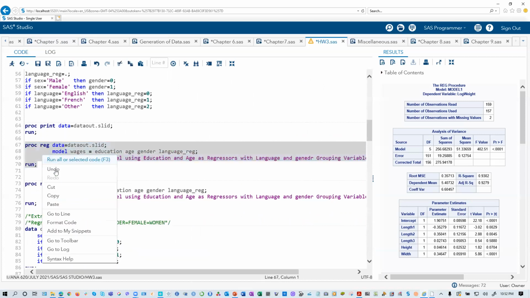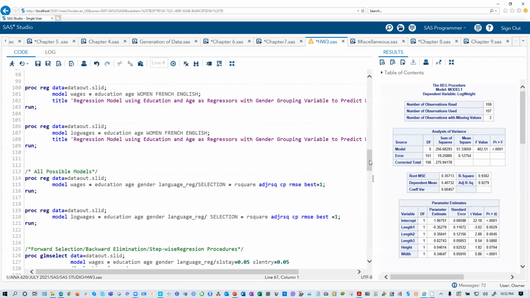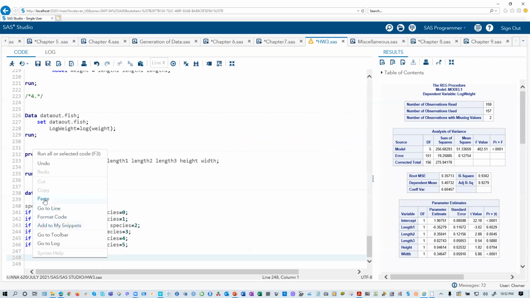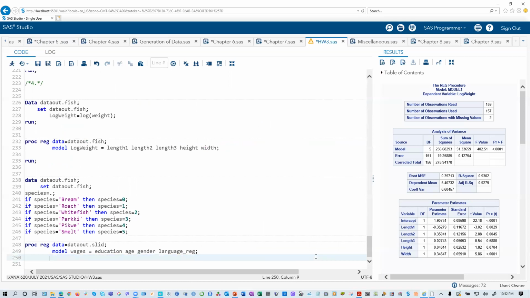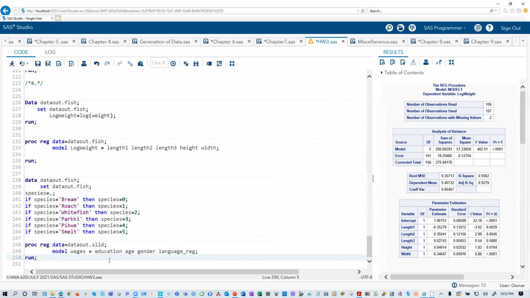Now you can see. Now you can run with the aid of that one, including that guy too. So we don't need the title. So we have this one.